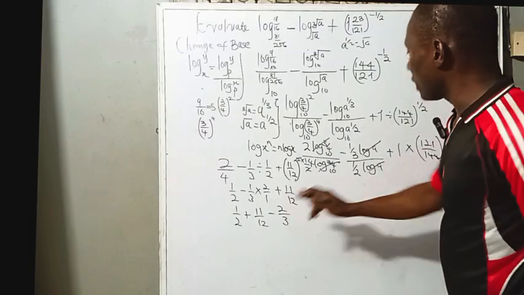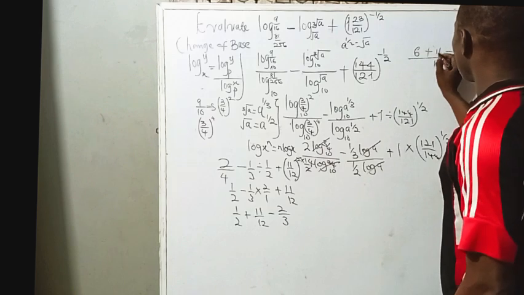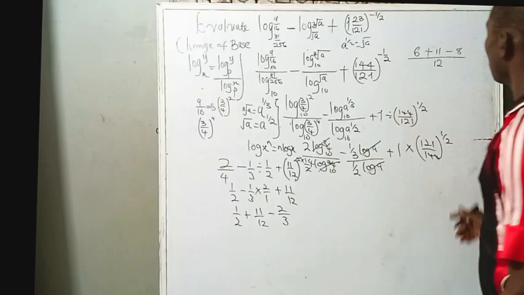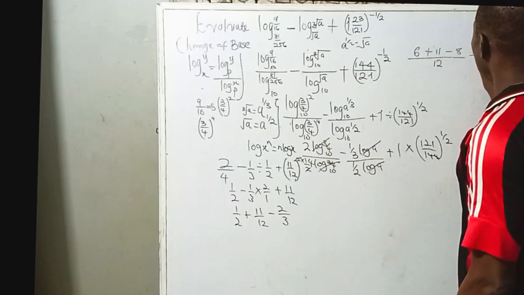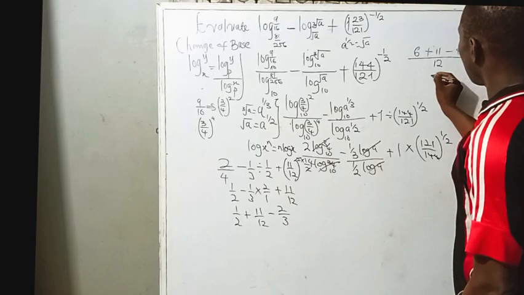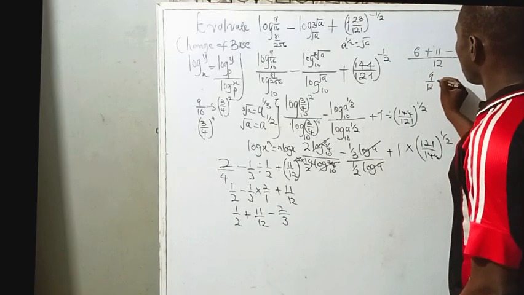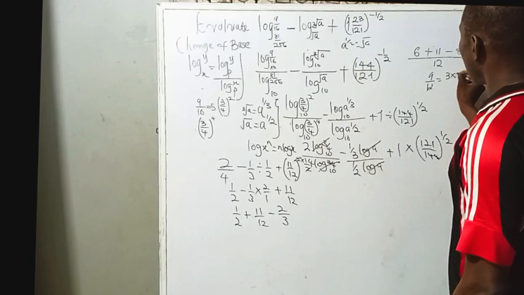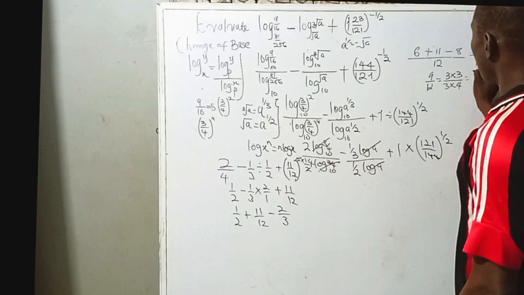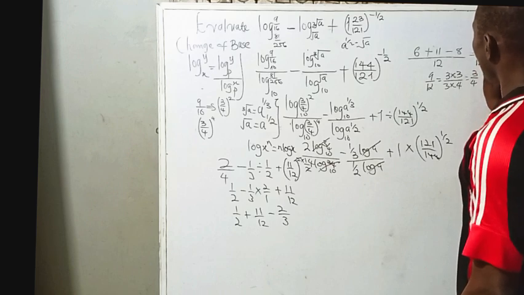I have a negative sign here, so that is minus 8. 6 plus 11 is 17. 17 minus 8 gives 9 over 12. If we simplify, 9 over 12 is the same thing as 3 times 3 over 3 times 4, and eventually the result becomes 3/4.